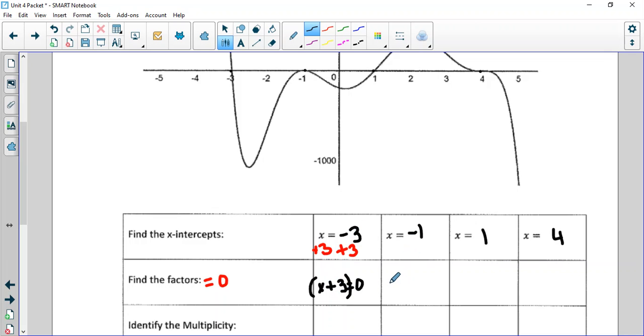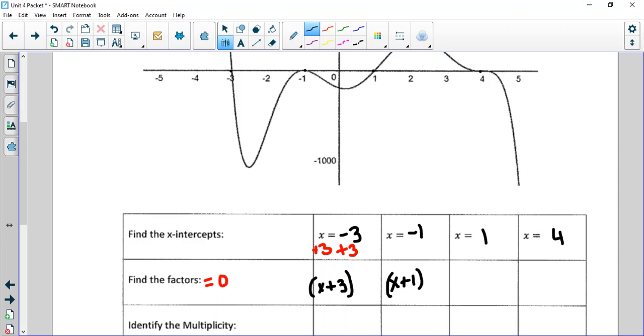So if it's -1, you would write x plus 1. Then set parentheses, and I'm not going to write the equals 0 part. Factor kind of says that already. So just to clean it all up, if you have an x-intercept at x equals -3, that means x plus 3 is one of my factors.